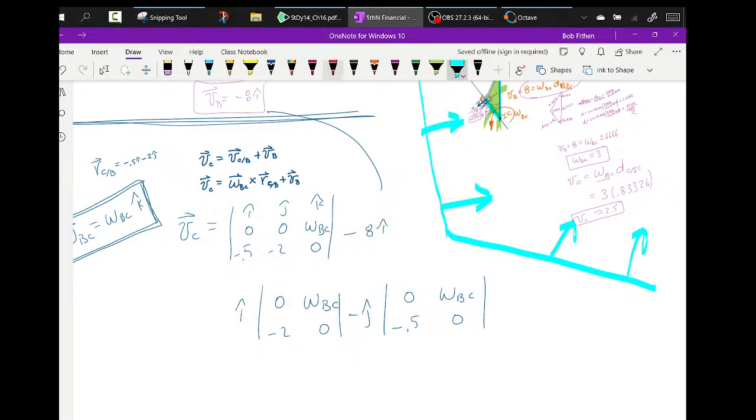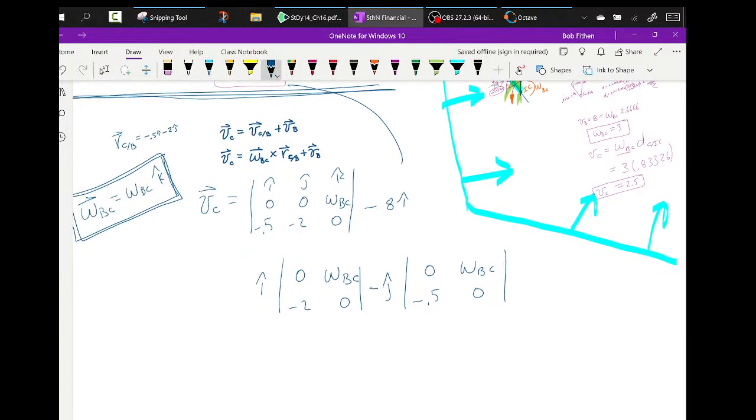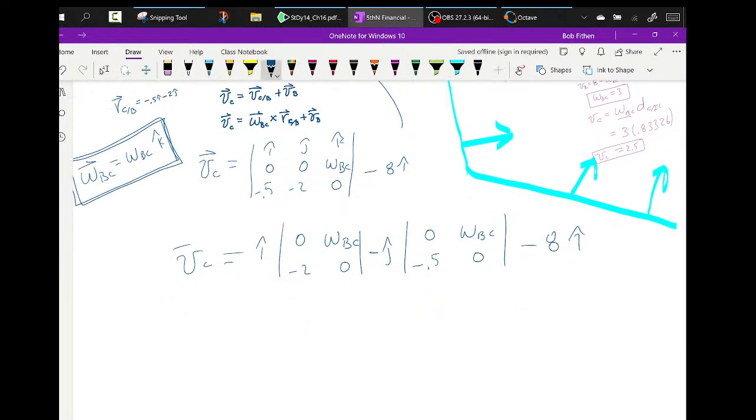And so what do I get? Now, I have to carry this. Now, what do I get over here? Nothing, and a minus, which would be 2 omega BC I. Nothing.